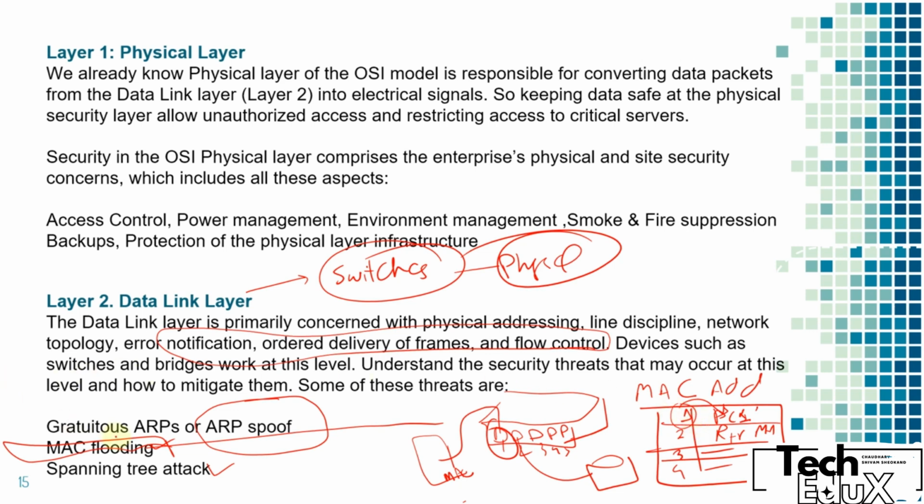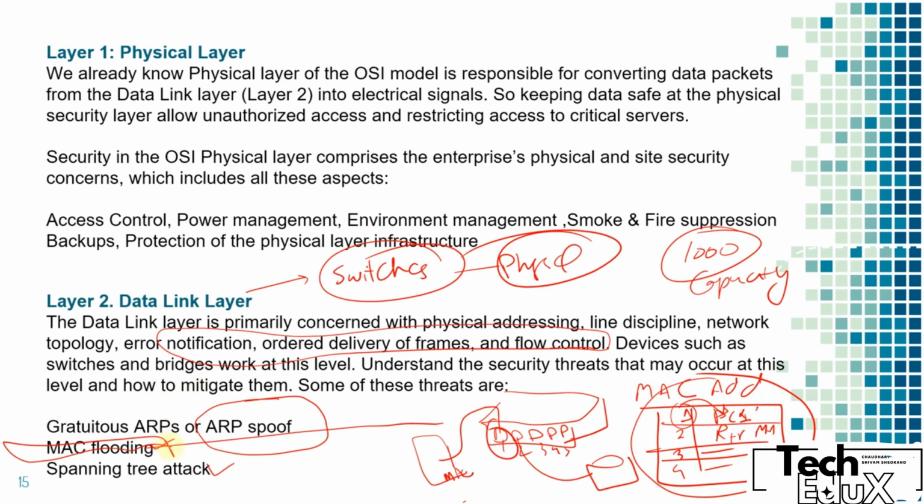So what happens in MAC flooding? This table has some capacity to keep information about MAC addresses. Let's suppose this switch can store 1000 MAC addresses in the table.